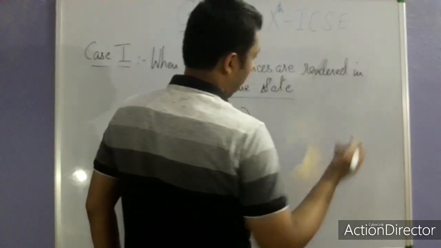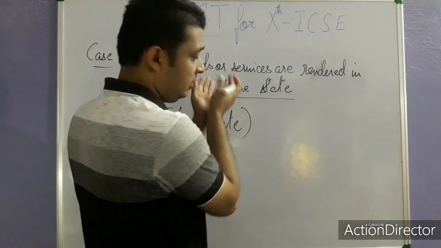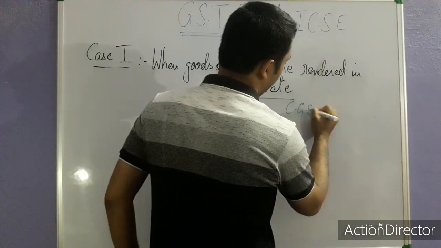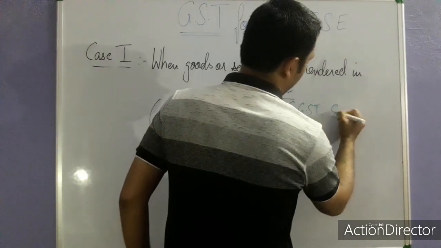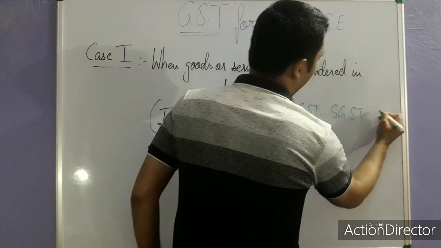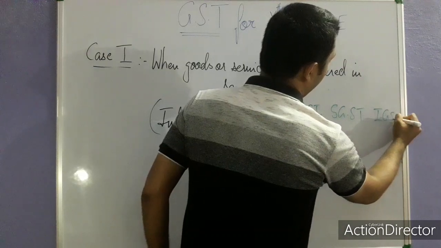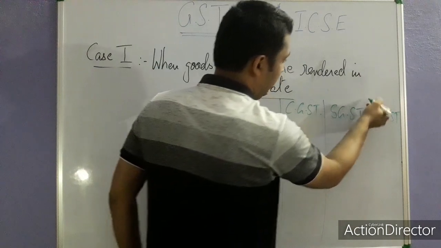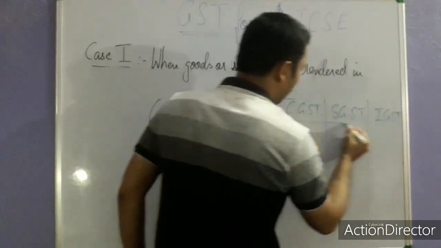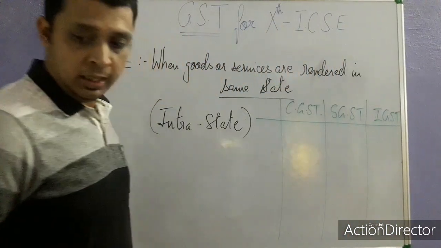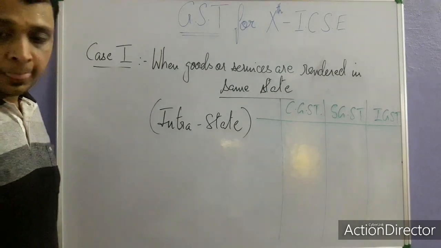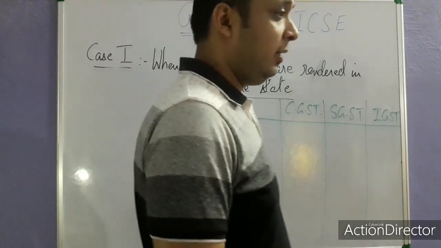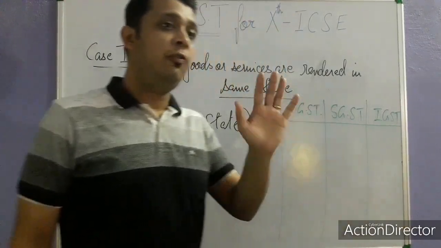So let us divide the GST into components, which are CGST, next is SGST, and last is IGST. These are the three components of GST. But before understanding that, we must know that our government has divided GST into 5 slabs.